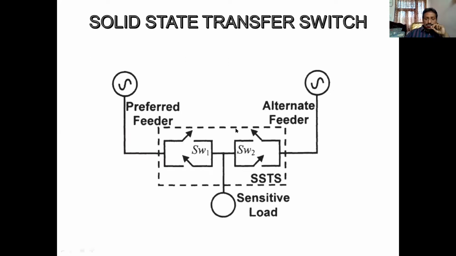See here, this is the preferred feeder and this is the alternate feeder, and these are the sensitive loads. So there are two feeders, preferred and alternate.